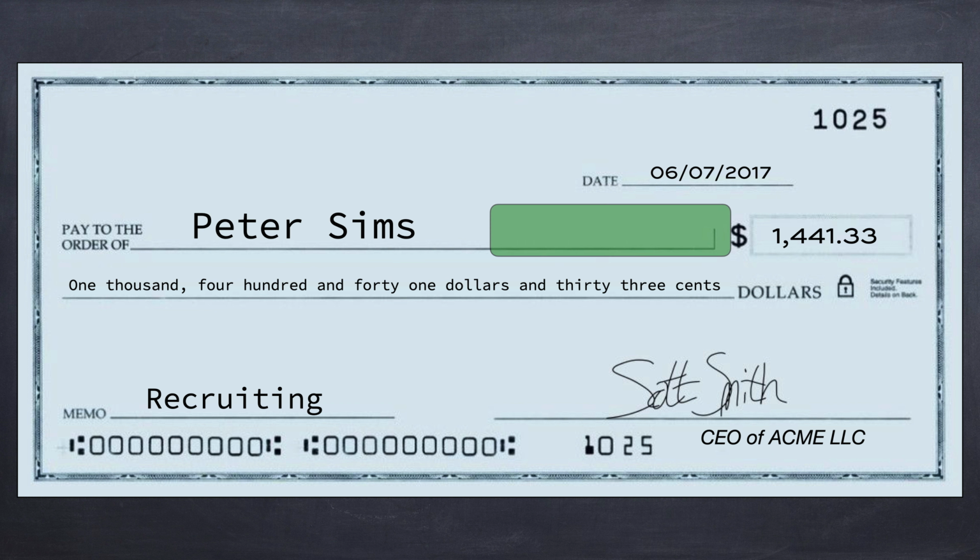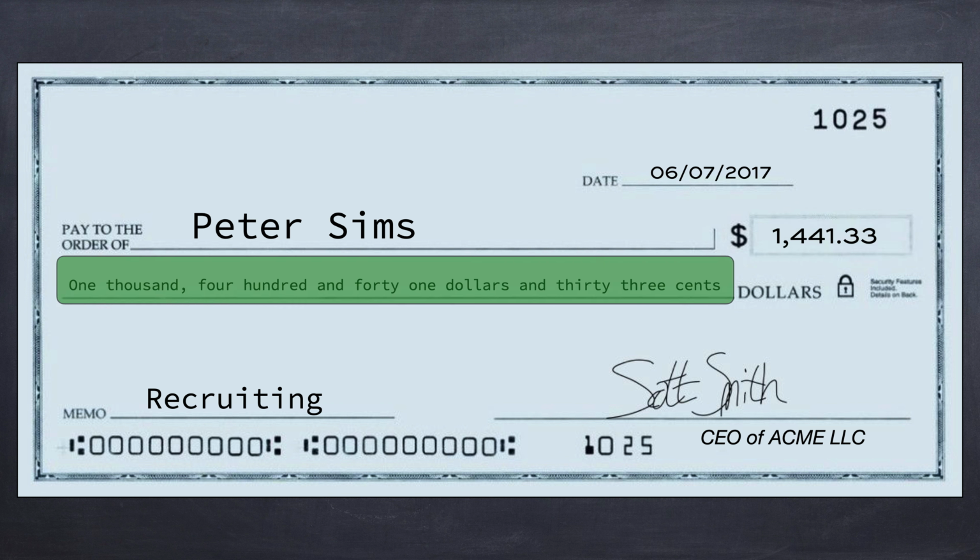The amount is going to be right there, written in numerical form. And then right below that, they always write out the money in written form as well. So it says $1,441.33. They always do both the numerical and the written amount in checks.